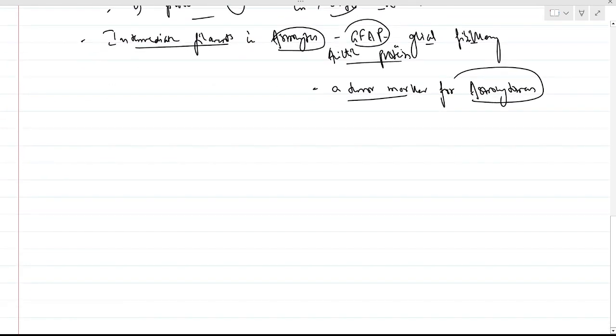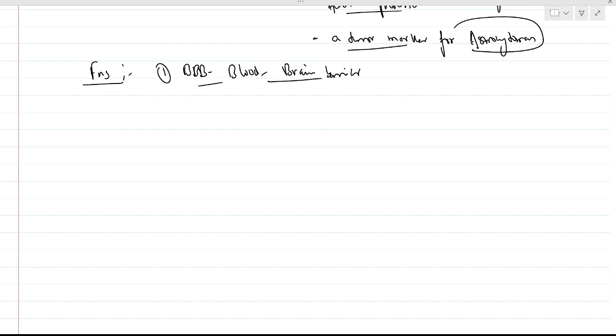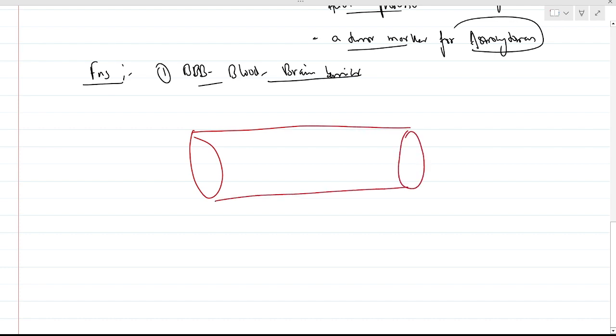Now the functions of astrocytes, very commonly asked. First function is the blood brain barrier. How this blood brain barrier is formed, we are going to see now. So this is the blood vessel containing the blood flow.